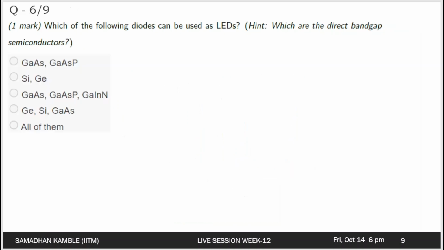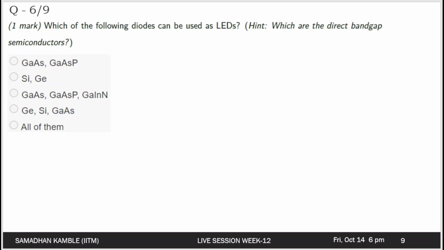Question number 6, based on these IV characteristics, is as follows. Which of the following diodes can be used as LEDs? The hint given is that we have to see which are the direct band gap semiconductors. We have seen that direct band gap semiconductors are the ones used in LEDs.